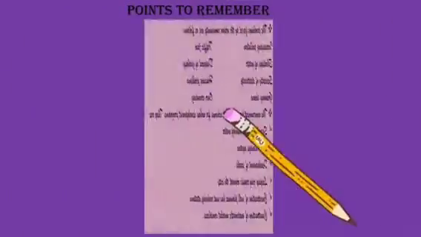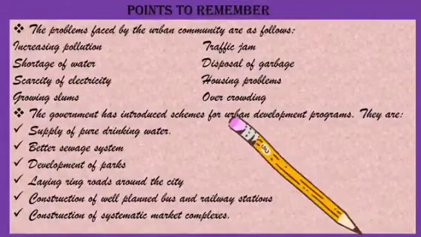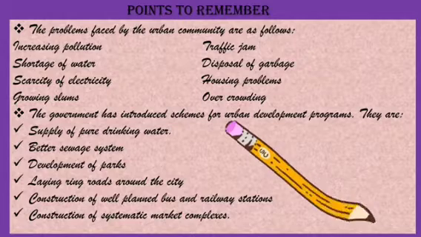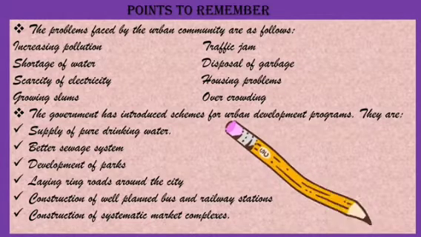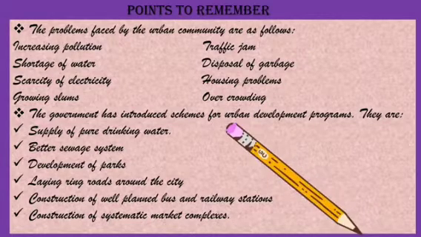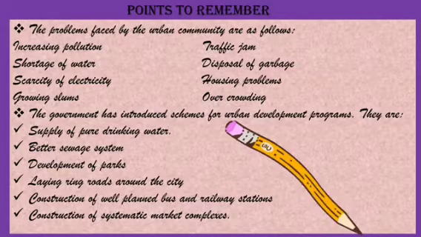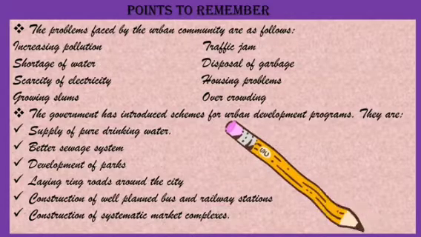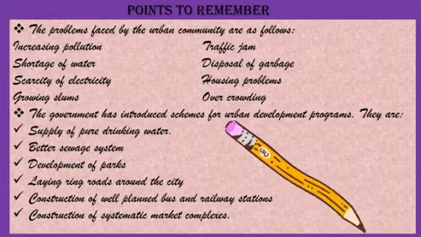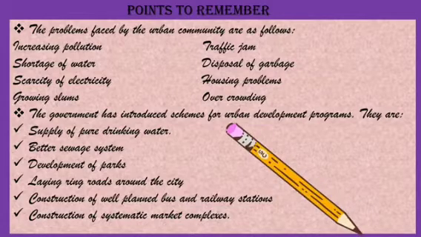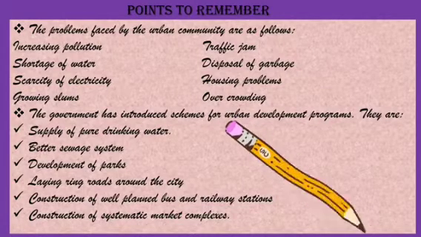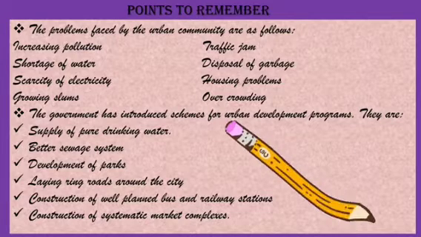Some more points to remember, children. The problems faced by the urban community are as follows: increasing pollution, shortage of water, scarcity of electricity, growing slums, traffic jam, disposal of garbage, housing problems, overcrowding.